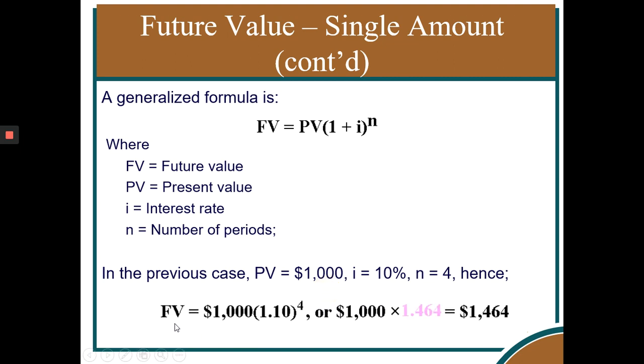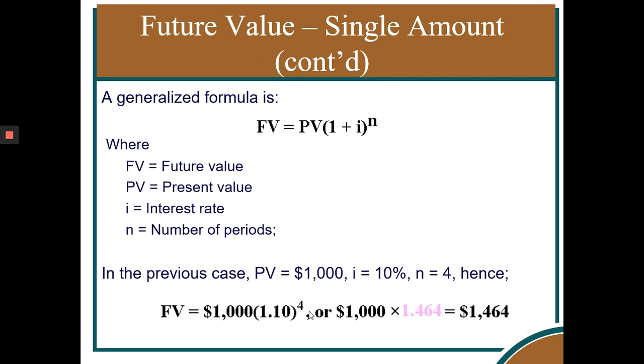So future value, which we're calculating, equals present value 1,000 times (1 plus I), which is 1 plus 10%, to the power of n, which is 4. You'll be getting 1,464. You could use your calculator to calculate.